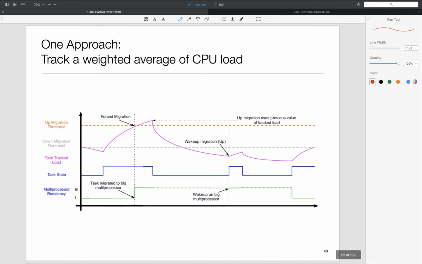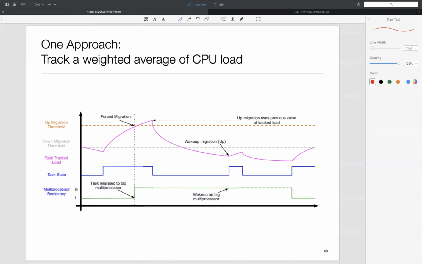So what I can do is I can say, okay, if my big processor is being underutilized, then I can basically move to the smaller processor and vice versa, right? So you kind of keep tabs on what the task load is and have some sort of a threshold.